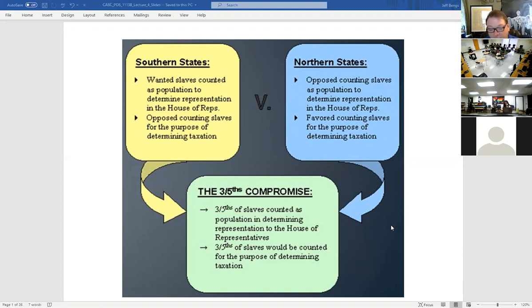There's been no chattel slavery since the end of slavery after the Civil War.